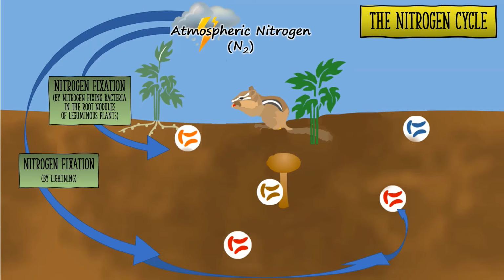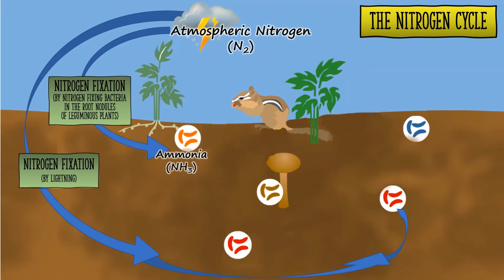These bacteria are found in the root nodules of leguminous plants, of bean plants. Root nodules are just swellings on the roots which contain these bacteria, and these nitrogen fixing bacteria convert atmospheric nitrogen to ammonia.